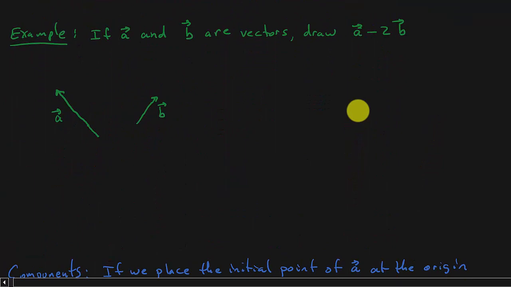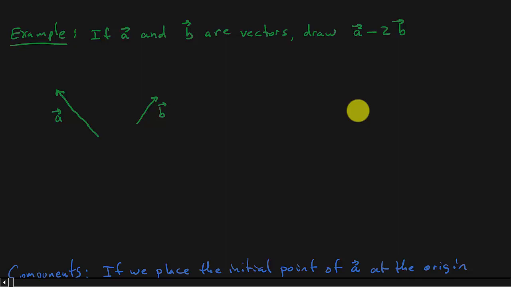All right, so let's look at this. It says if A and B are vectors, draw vector A minus 2 times vector B. All right. So let's see how we can do that.